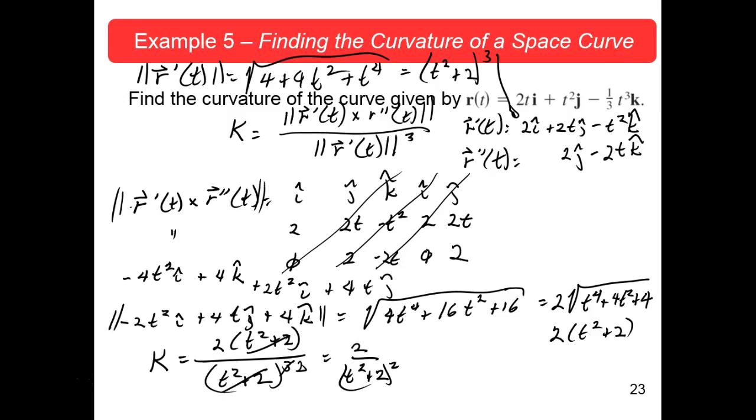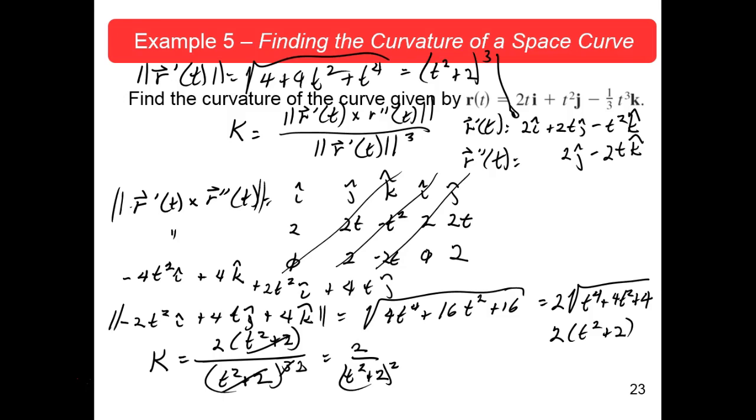When t is incredibly small, maybe even getting to 0, then this would be 1/2, right? T is 0, that would be 2 over 4. Yes, that would be 1/2. That's the larger curvature it's going to get.